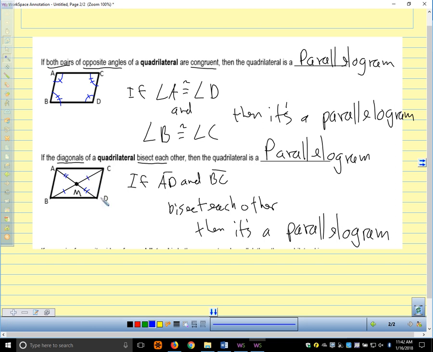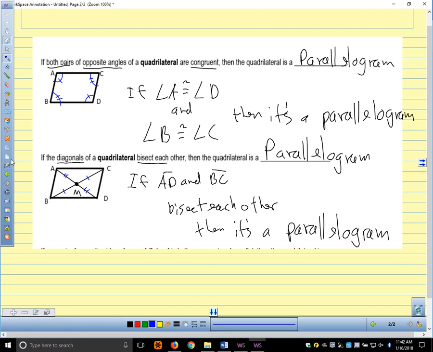That tells you that they bisect each other. They might not always say it in exactly that way; you might have to figure it out with some other piece of information. All right, we good there?